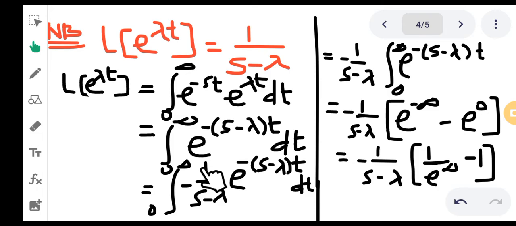We then factorize the constant out. 1 over s minus lambda is a constant, so we can bring my minus 1 over s minus lambda out. So we are getting e exponent minus (s minus lambda)t over this limit.